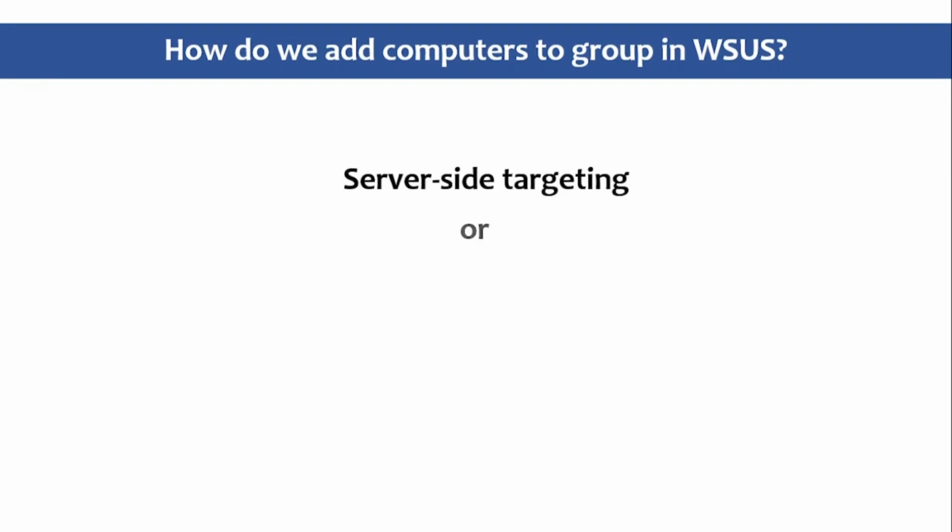There are two ways to add computers to these groups. Either we can use server-side targeting or we can use client-side targeting. So let's see what is server-side targeting and client-side targeting.